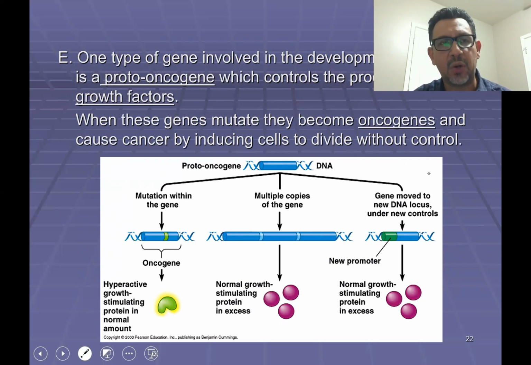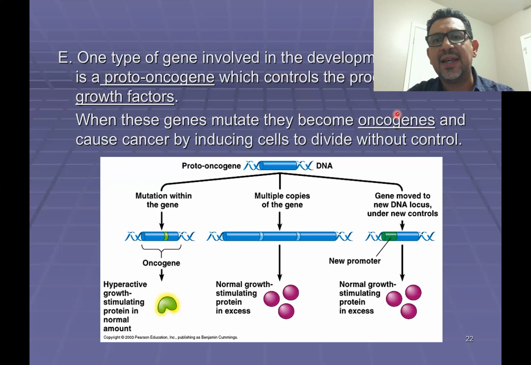When a proto-oncogene, which remember is a good gene, becomes mutated, then it becomes an oncogene. This is the term doctors use to refer to a cancer-causing gene. So when a proto-oncogene goes bad, it becomes an oncogene.